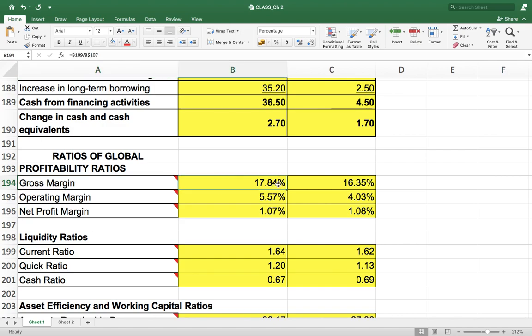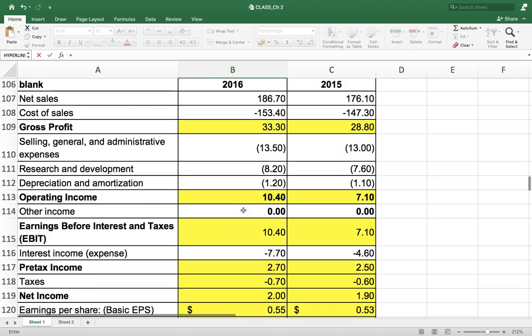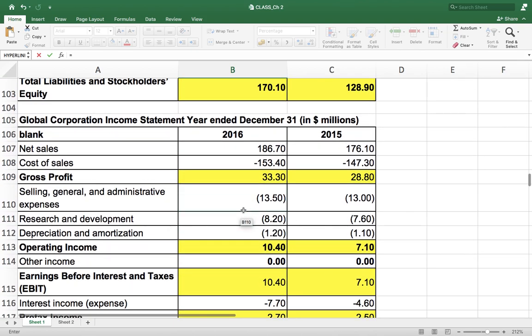What we will do, we will go to the particular ratio, gross profit margin is equal to gross profit divided by sales. Let us go to the income statement, because both of them will be available in the income statement. Gross profit divided by the sales. The sales is the common denominator for all the three ratios.